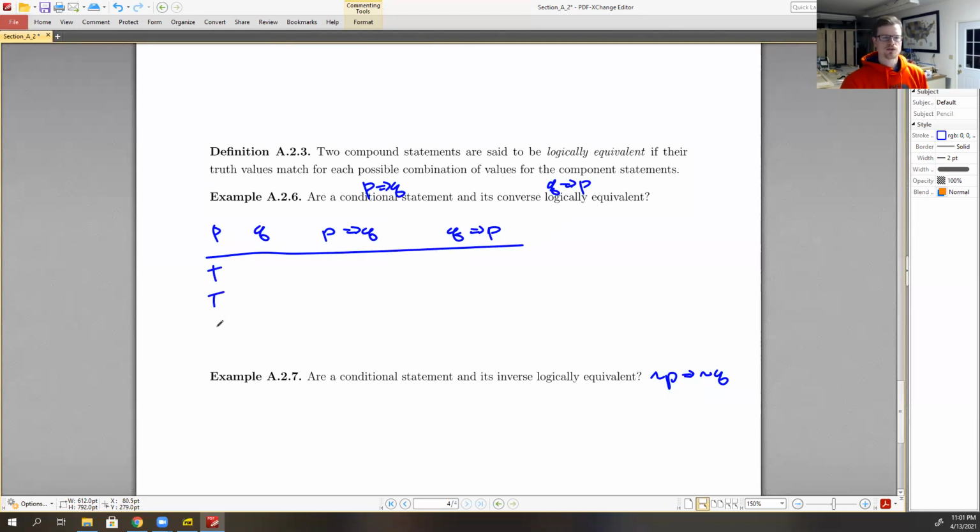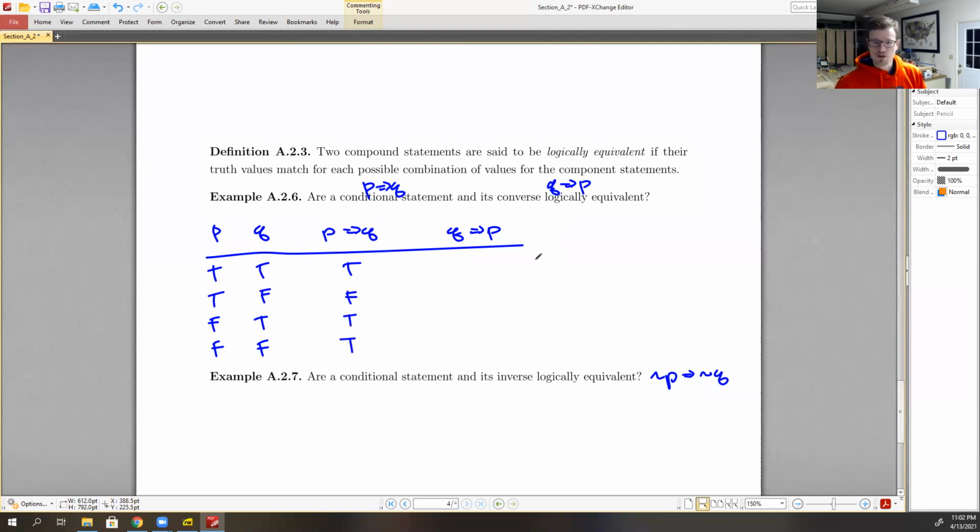So true, true, false, false, true, false, true, false. P implies Q, true, true, we're good to go there. True, false, that's no good. And then anytime the premise is false, the conditional is true.